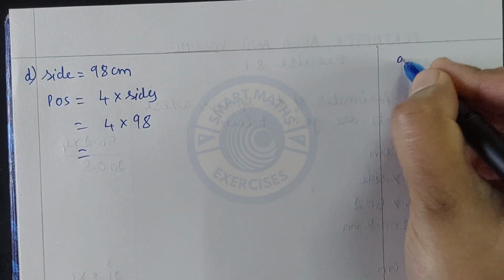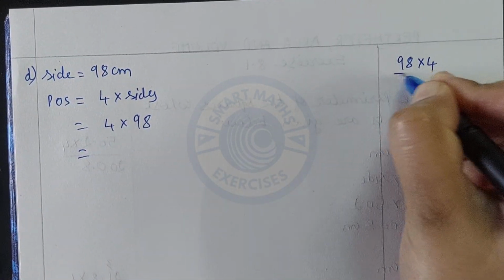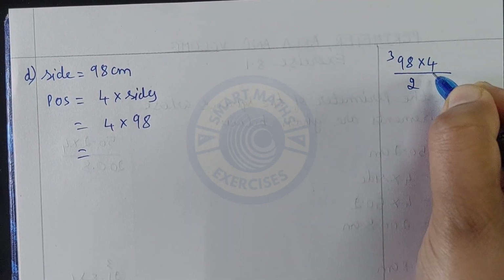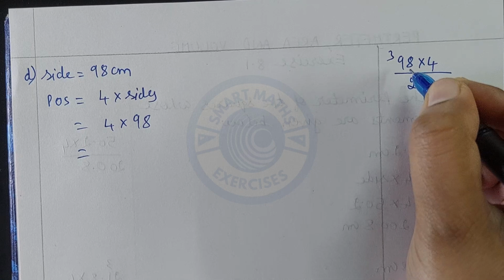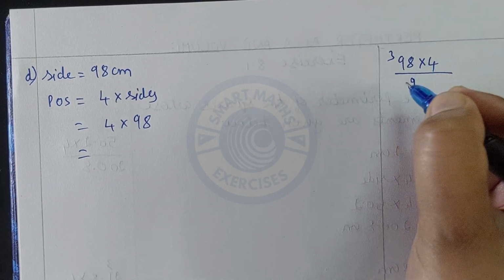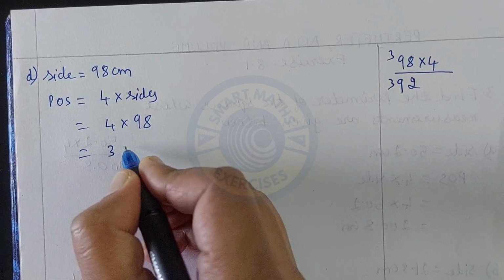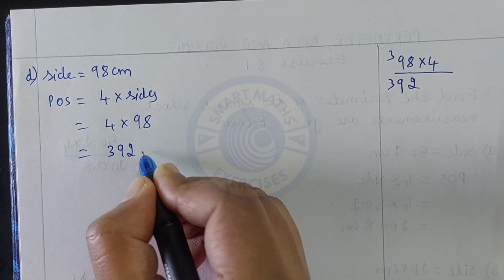Multiply 4 into 98. 4 8s are 32. 4 9s are 36. 36 plus 3, 39. So answer is 392 centimeter.